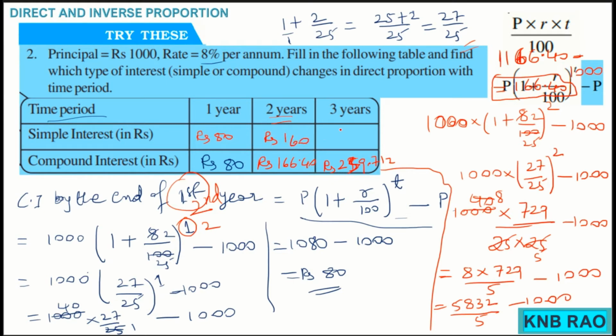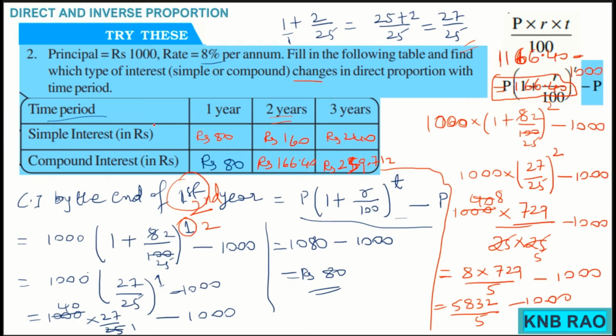Now watch, simple interest is rupees 80, rupees 160, rupees 240. If you observe the relation between the change in time period and the simple interest, the ratio is constant: 1 by 80 equals 2 by 160, which cancels to 1 by 80, and 3 by 240 also gives 1 by 80.